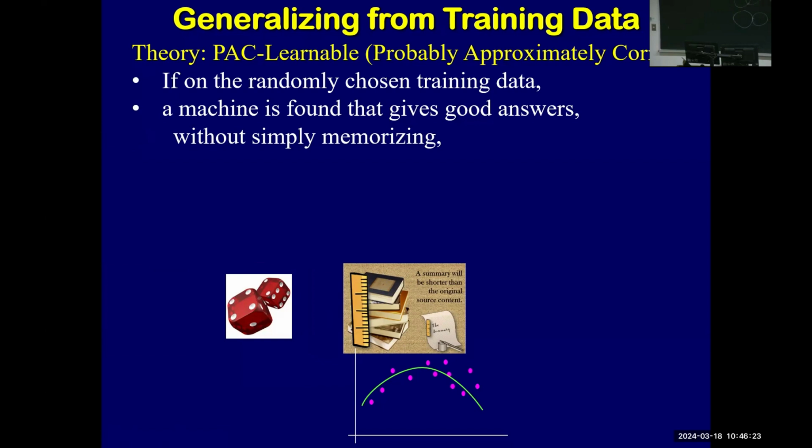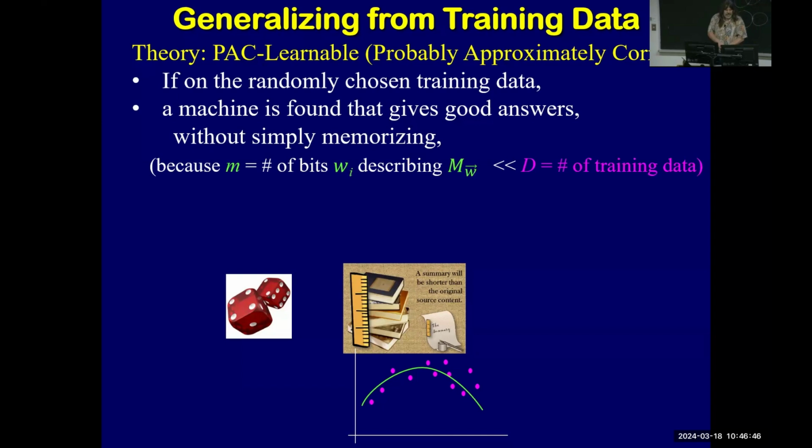And what memorizing requires is lots of bits to be able to write down, right? So somehow we say you didn't memorize it. Somehow we want to say that it's a simpler machine. Everybody buy that?